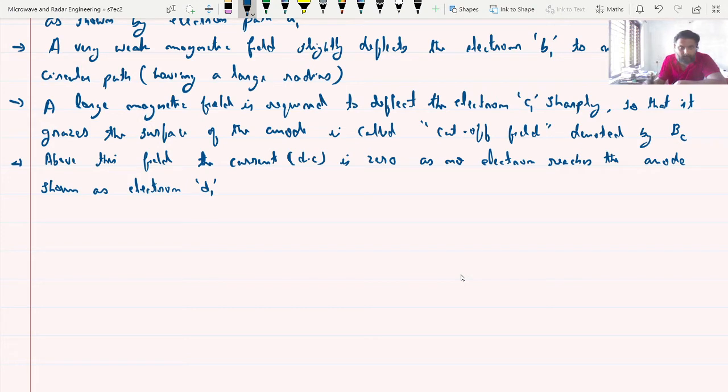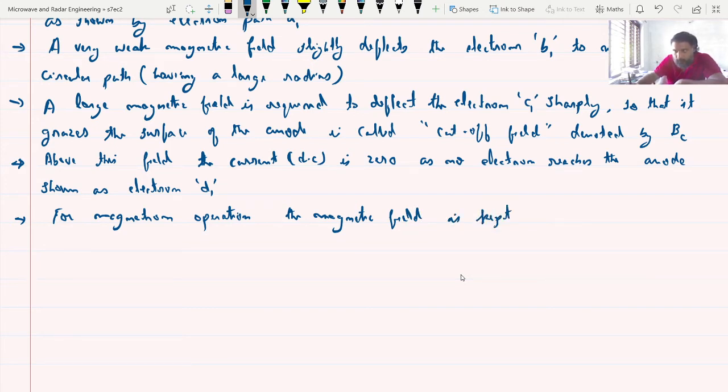Next point: for magnetron operation, as I told you, the magnetic field is kept always above the cutoff field.